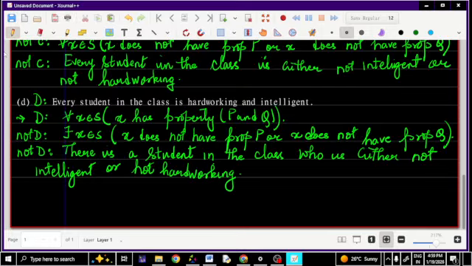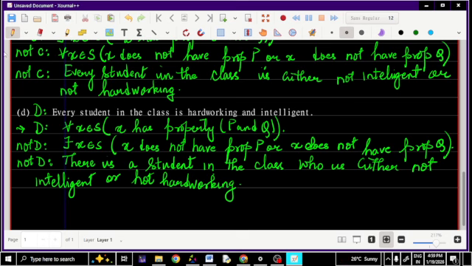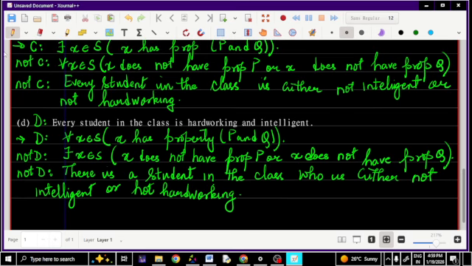So at least one student is there in the class who will fail one of the properties, right? So that finishes exercise 1.3.11. Thank you.